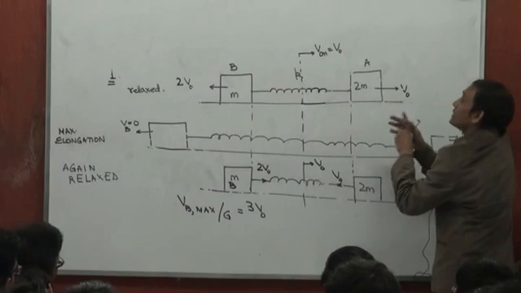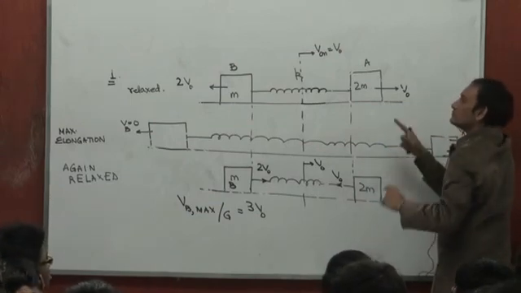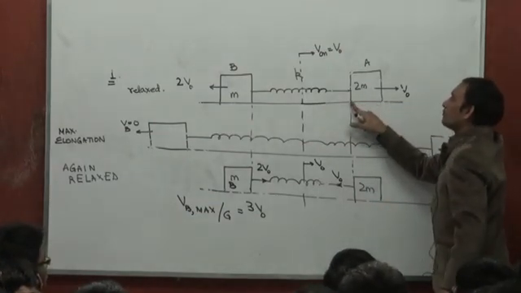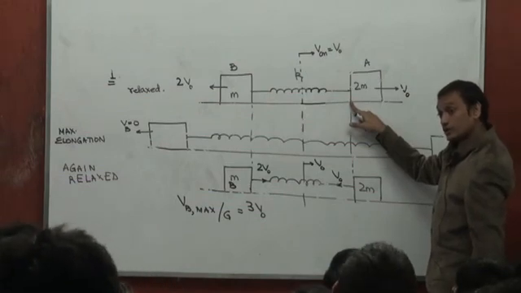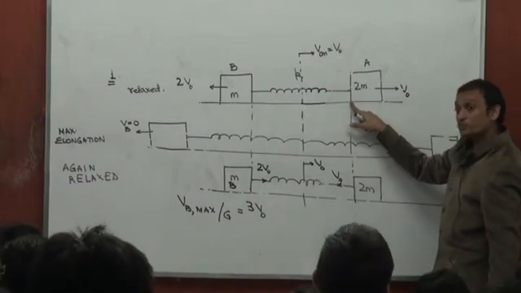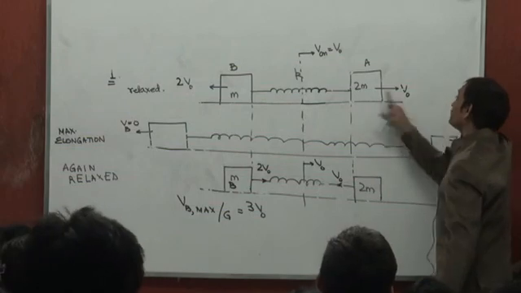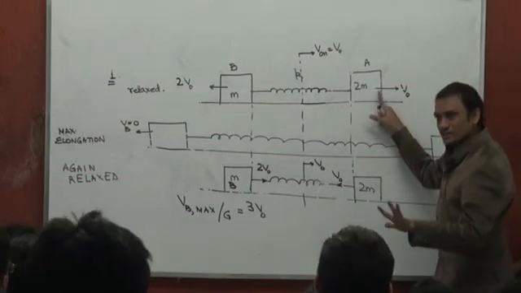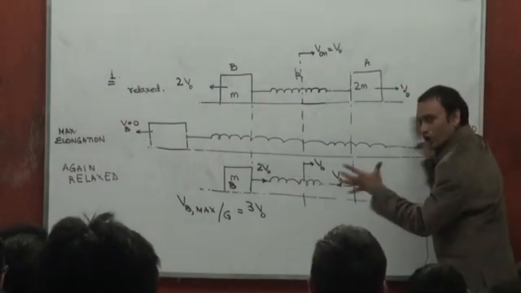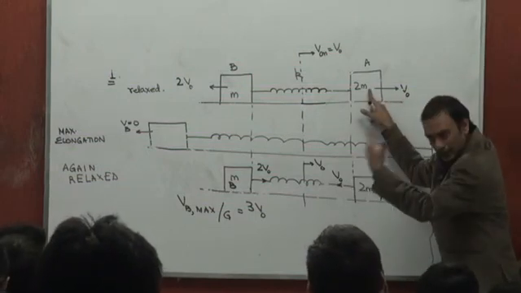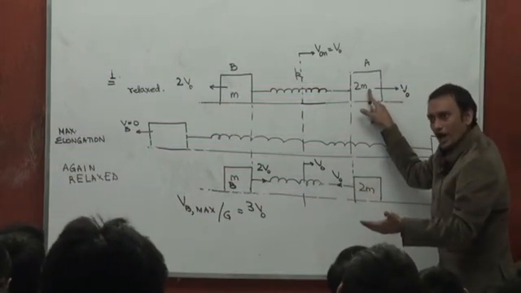So do you realize that the maximum relative velocity in the center of mass frame occurs at this point? Because from this point onwards, the relative velocity will diminish. Under the influence of the spring force, the relative velocity V naught will become less than this. Yes or no?